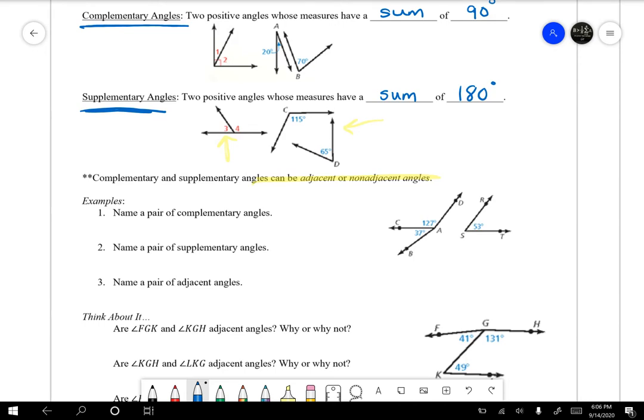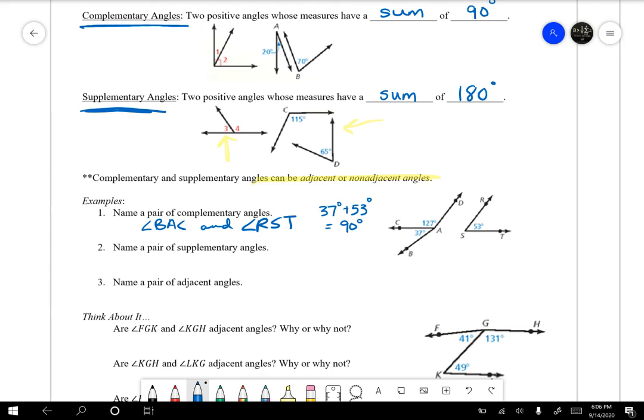If I look at these examples and want to name a pair of complementary angles, one angle is BAC and another angle is RST, because 37 degrees plus 53 degrees equals 90 degrees. That's why we call them complementary.